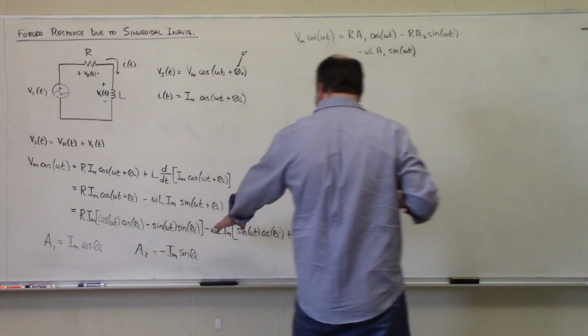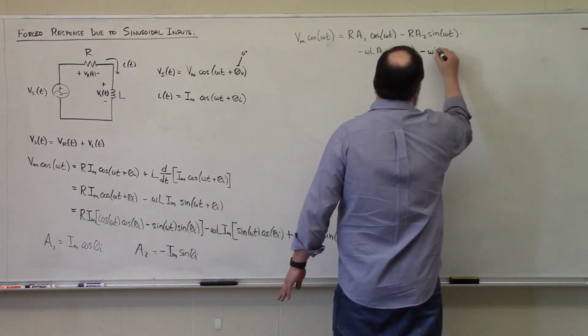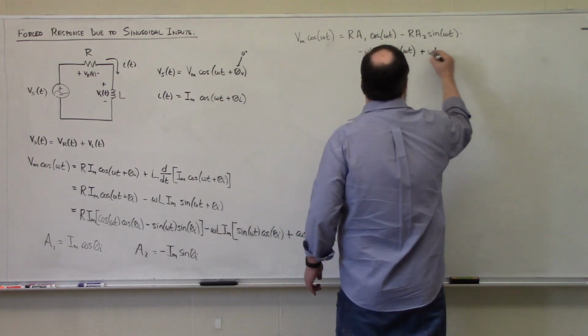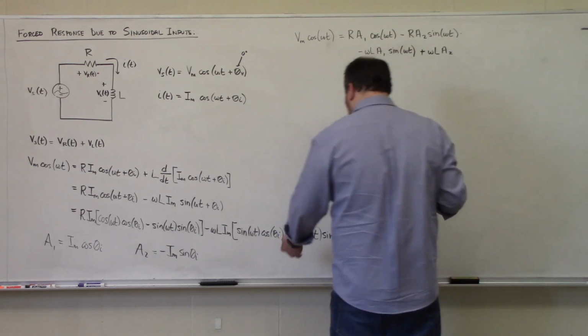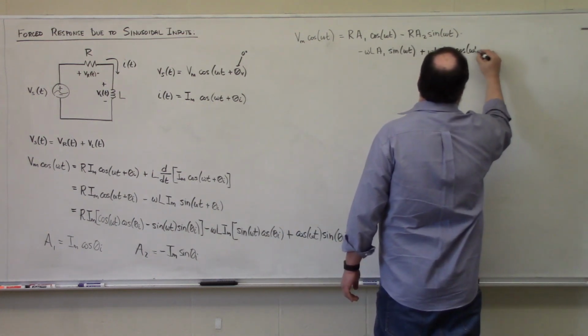And then here I have minus omega L. Well, I have minus and then sine, so that's going to be plus A2 cosine omega t.